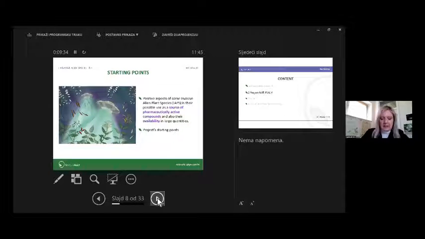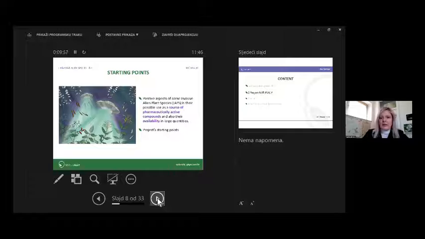Here we offer these new solutions in invasive species management and give an insight into potential use of invasive plants as new ecosystem providers. Positive aspects of some invasive alien plant species are their possible use as a source of pharmaceutically active compounds and also their availability in large quantities.